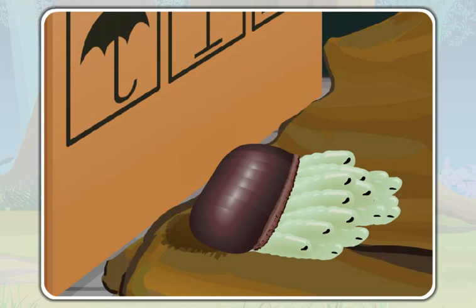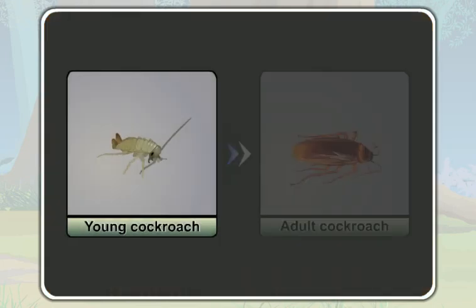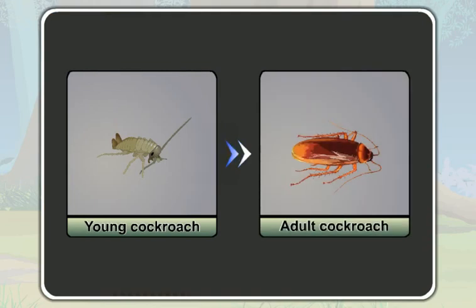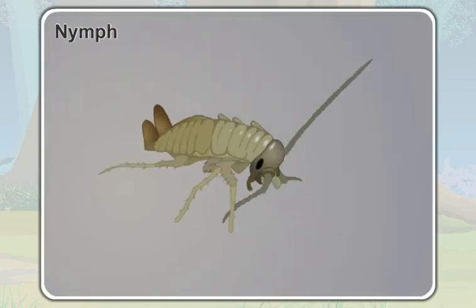But its larva is not worm-like. It is a young cockroach which looks like an adult cockroach. So the young cockroach is not called a larva. It is called a nymph.